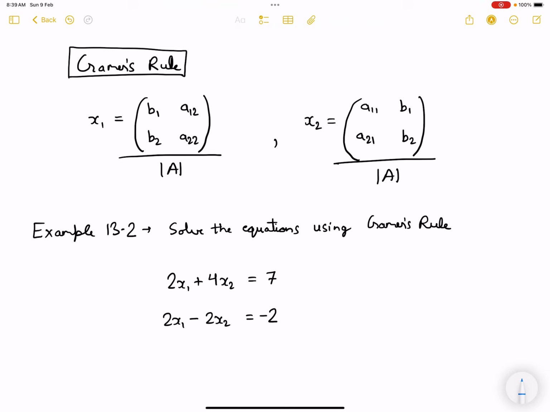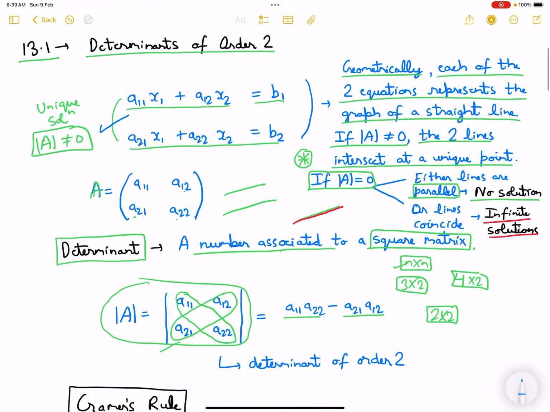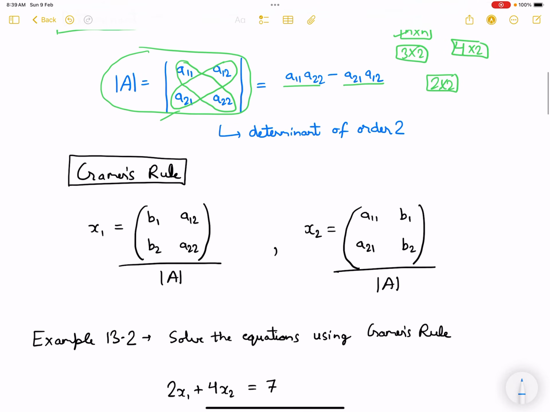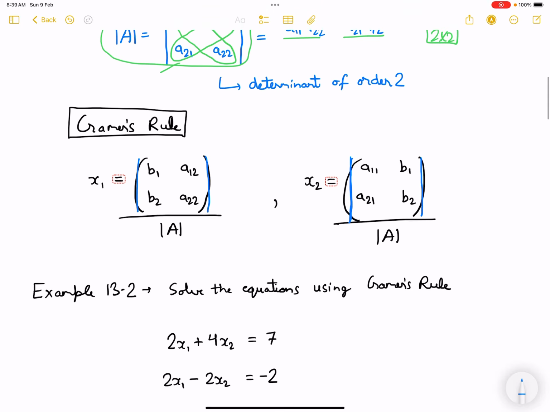So given this set of equations, you can find the value of x1. This is the determinant of this matrix. So we know A was a11, a12, a21, a22.